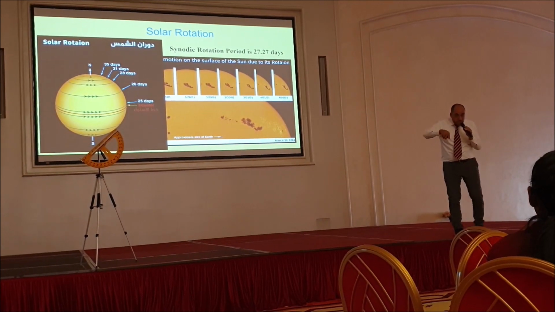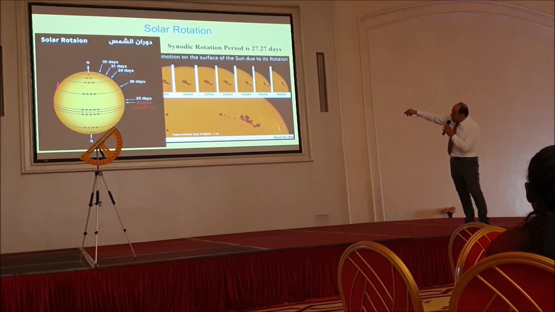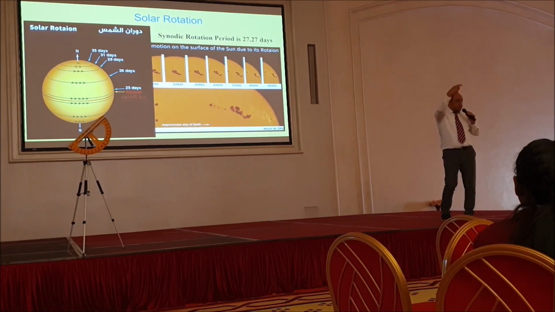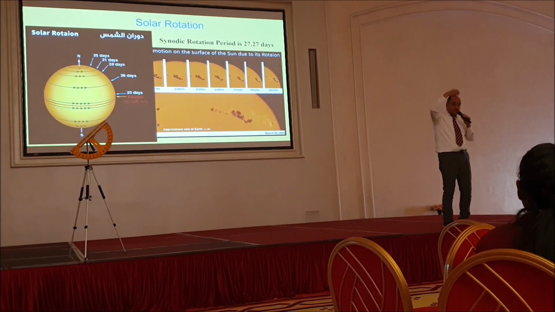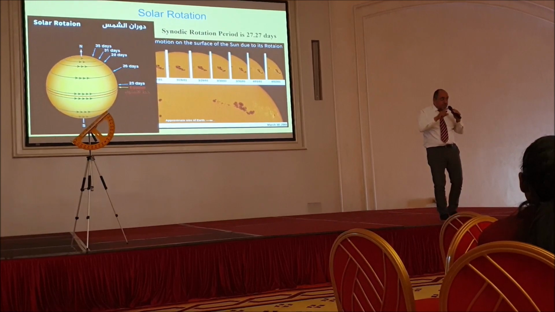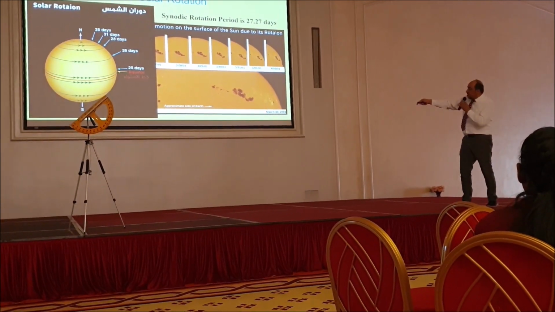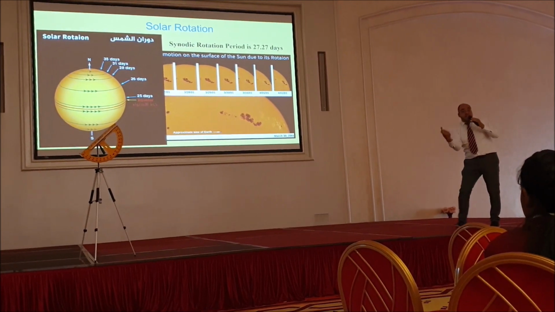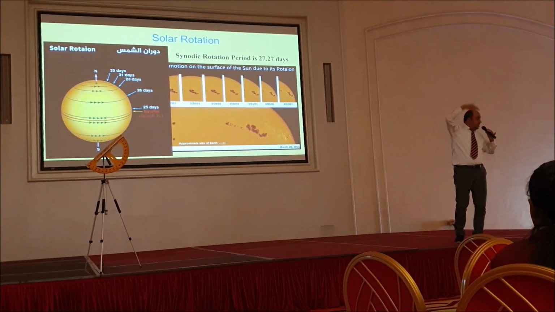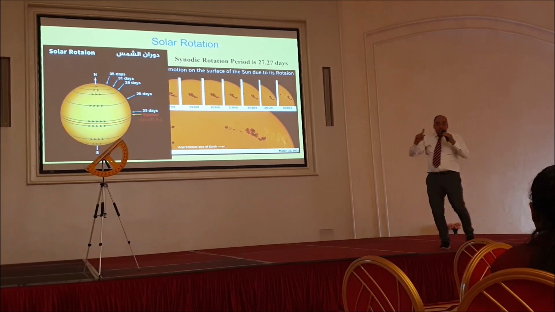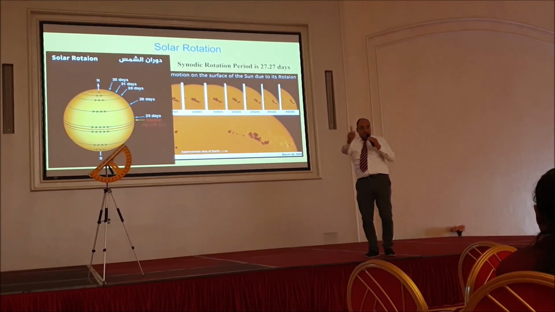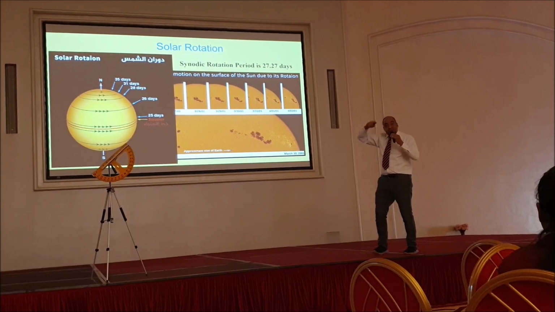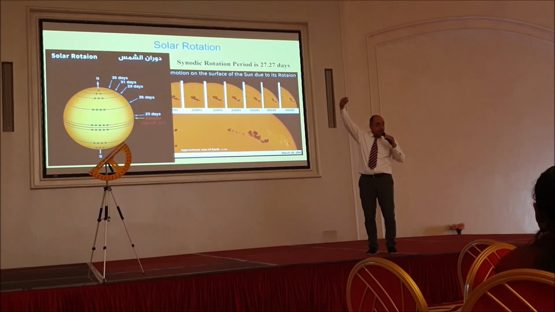Due to this differential rotation, the magnetic field lines connecting north and south are twisted. They are forced to rotate at the equator faster than at the upper latitudes. So they start rotating faster than their upper parts.